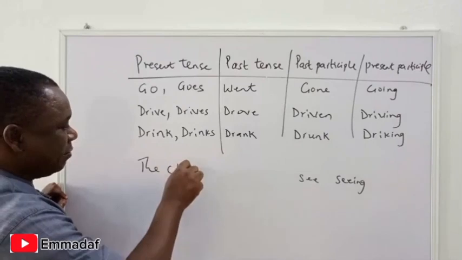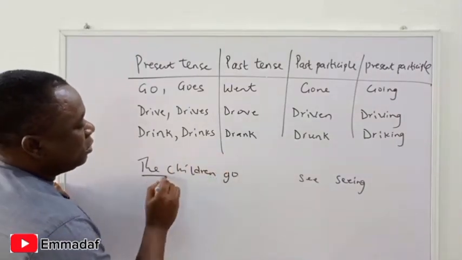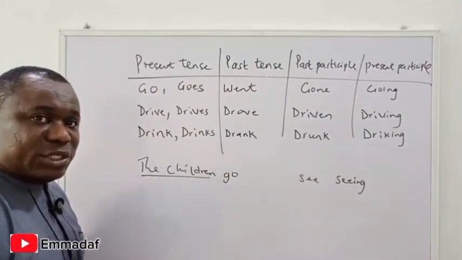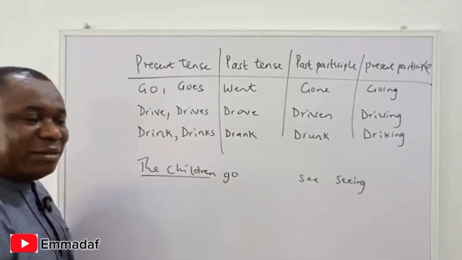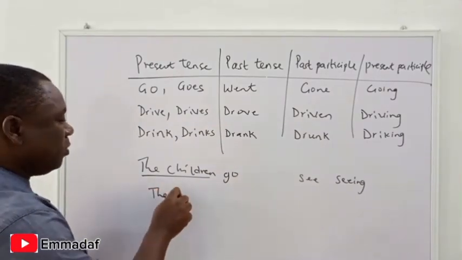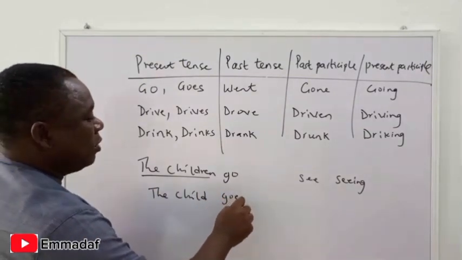The children go. The children is plural. Go is plural. The child goes.